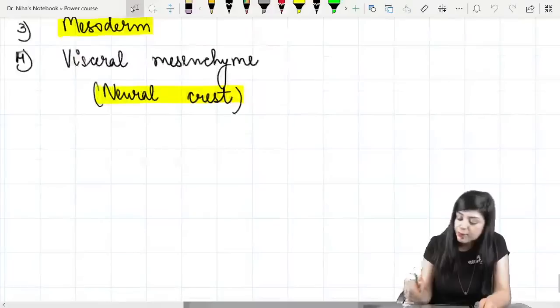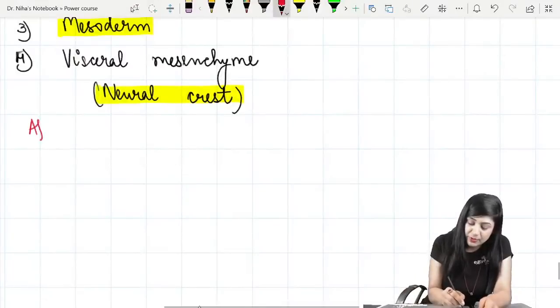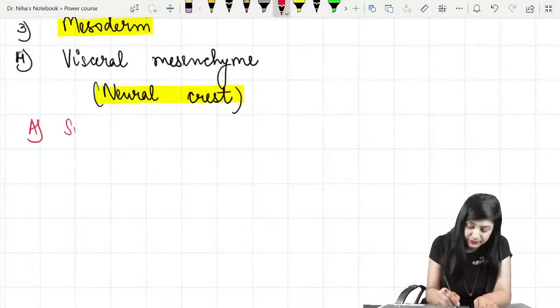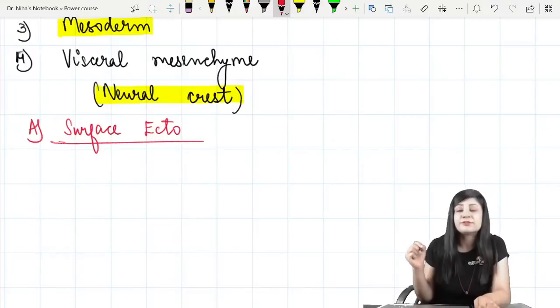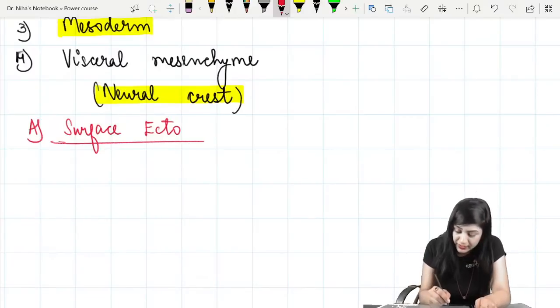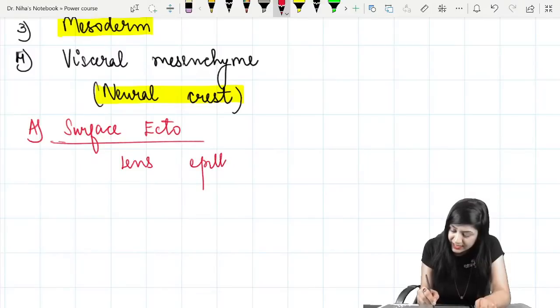Now coming to the individual derivatives, number one is the surface ectoderm. So what are the derivatives of surface ectoderm? There is a mnemonic: lens epithelial cells.